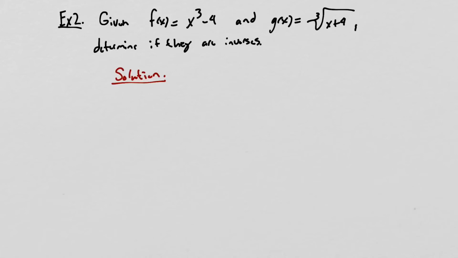We'll need to use the last property of the inverse function properties, which states again that if 1 and 2 apply to our function g, then g is equal to f inverse. Let's go ahead then and compute f composed with g and g composed with f.